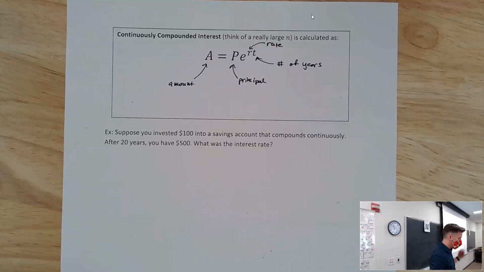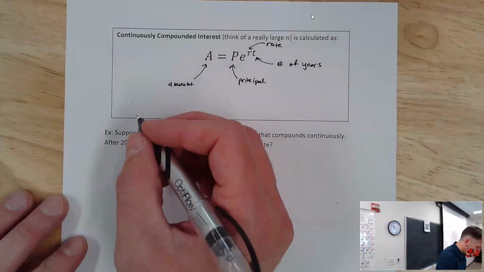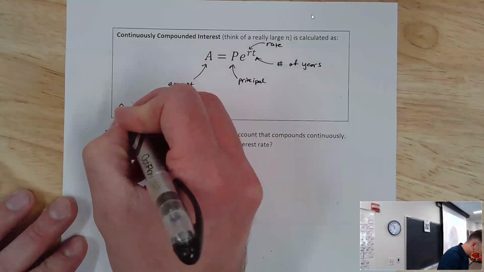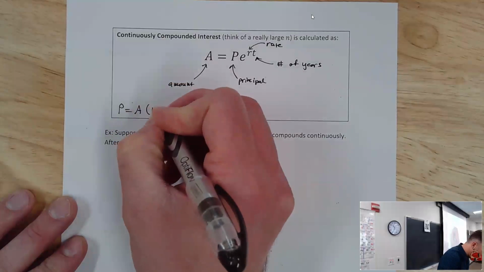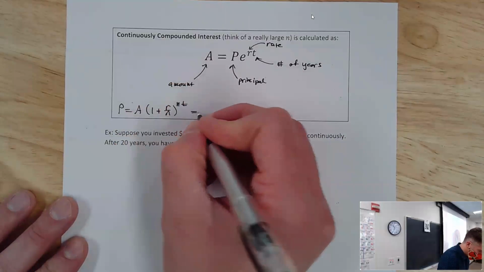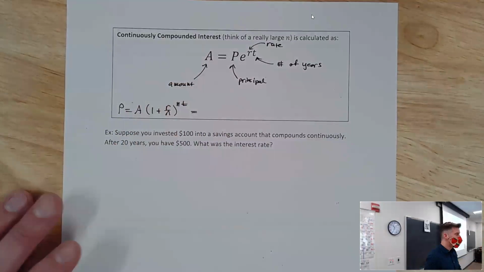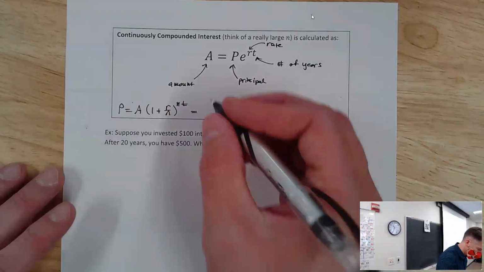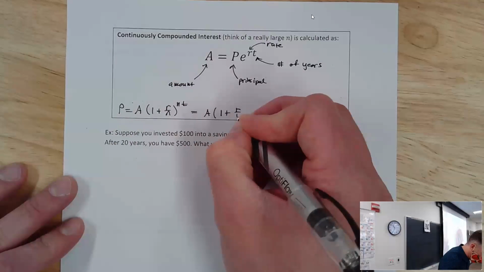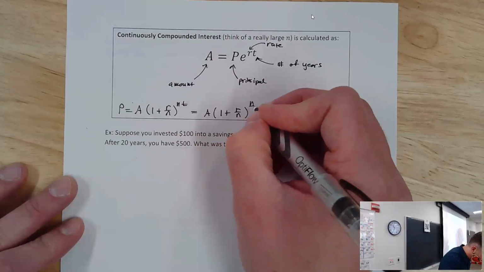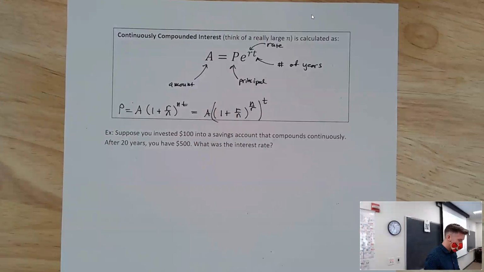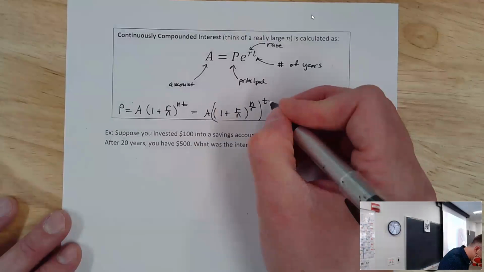And really where this is coming from is if you take the compound interest formula, which is A times 1 plus r over n to the nt, and rewrite it as 1 plus r over n to the n over r, to the r times t power.